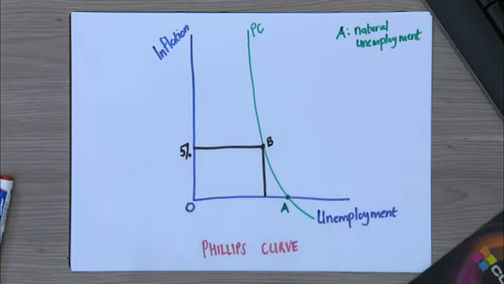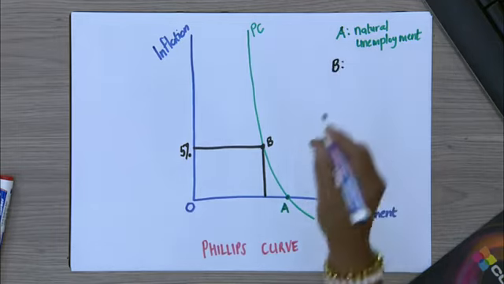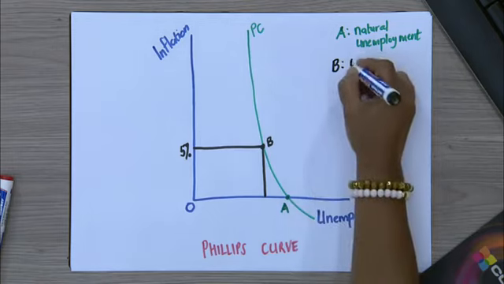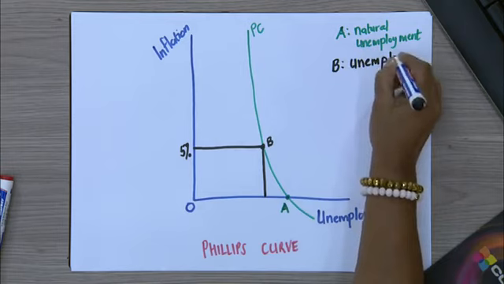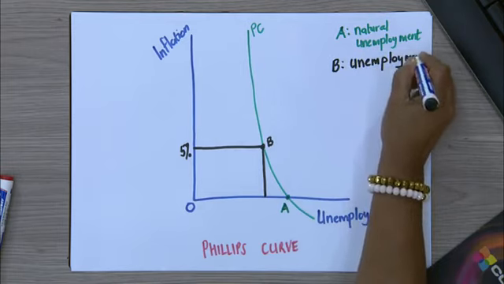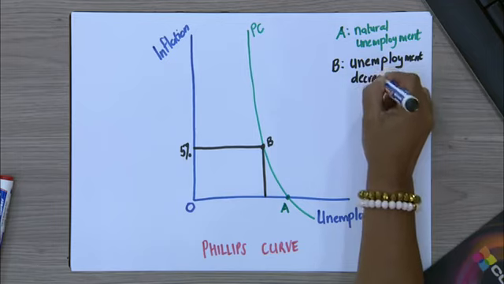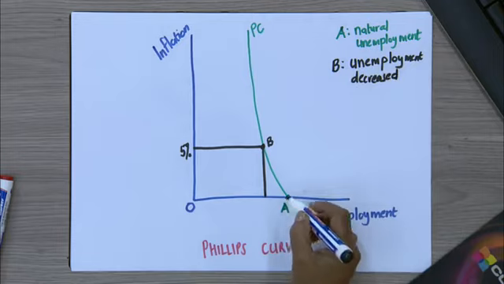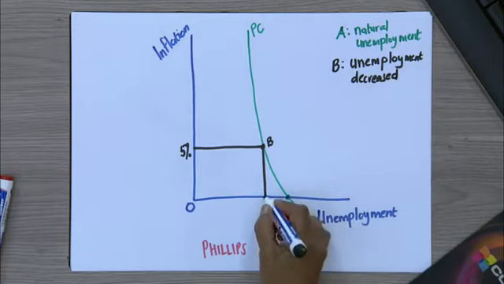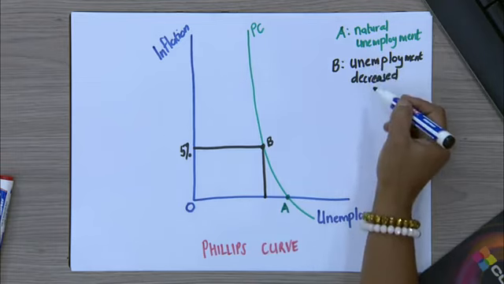So what you can see here, at point B, what we have at point B is that your unemployment decreased. You see, unemployment was at that level, now it's moved to that level there. So there's been a decrease in unemployment.